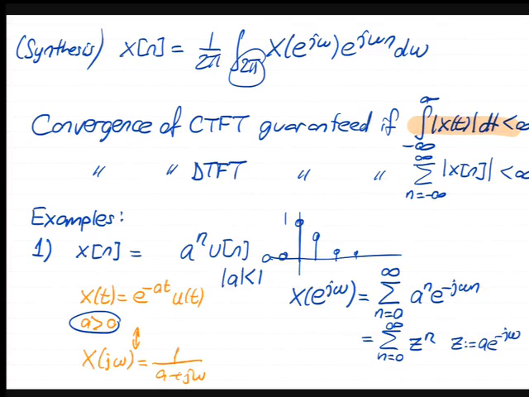So that looks like 1 plus z plus z squared, etc., right? And it turns out if z, as a complex number, has absolute value less than 1, this series converges. You know to what? 1 over 1 minus z, right?